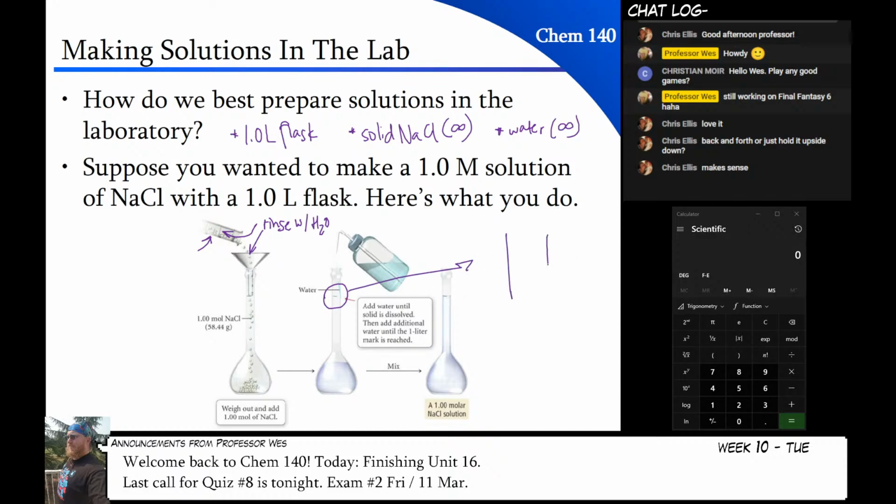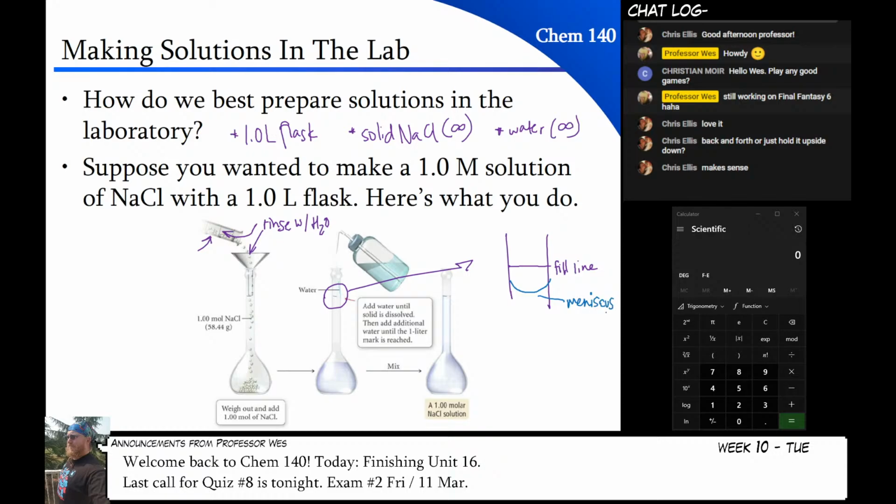The way that you want to fill a solution on the fill line is that you want your water to touch the fill line. Now, unfortunately, water does this sort of thing. This is called a meniscus.